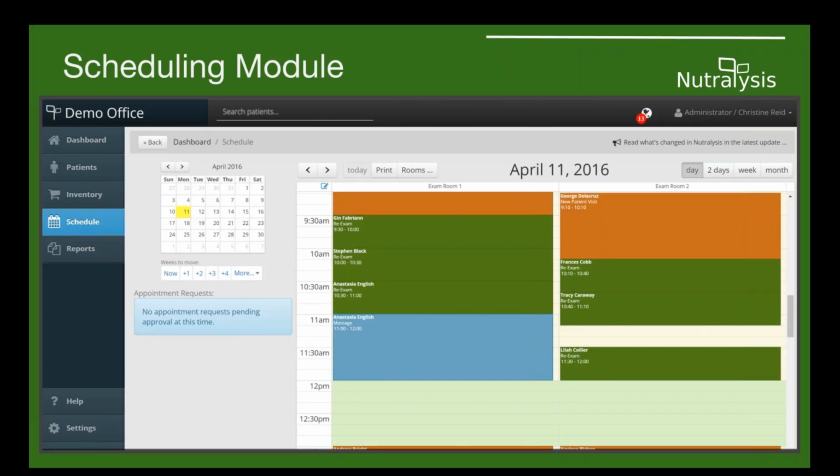And the doctor can configure it in such a way that the patients only have certain times where they can schedule, or they may choose not to let patients schedule. They might prefer them to go through their receptionist. There's also a feature whereby you can accept or reject a patient appointment. So it's flexible. You can color code it. You can set up extra exam rooms, or if you're doing massage or something, a laser in addition to nutrition. So it's a very usable scheduling module.